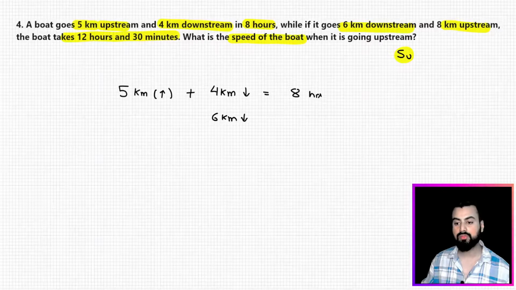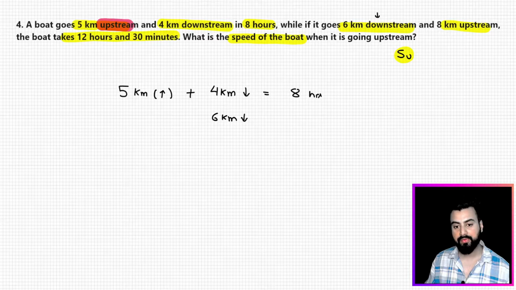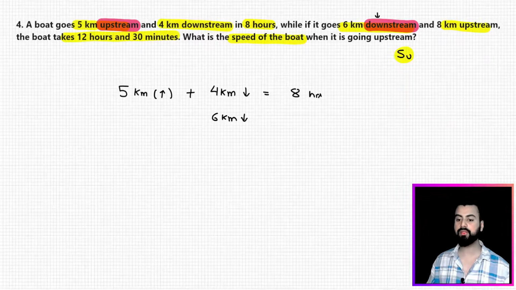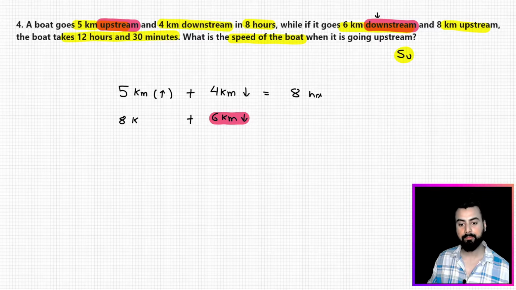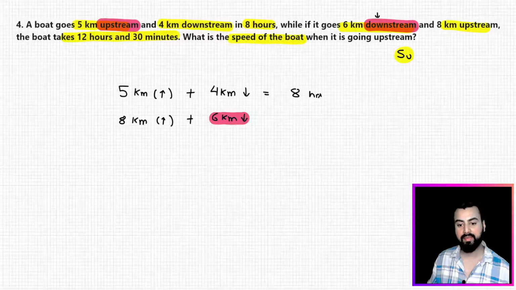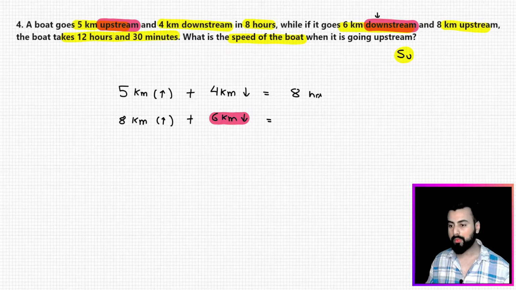So they have given the downstream distance first. If you read the first statement here, they have mentioned 5 kilometer upstream first. But here it says 6 kilometer downstream. So 6 kilometer downstream and 8 kilometer upstream. So please make sure to maintain the same order. In how much time? In 12 hours and 30 minutes.